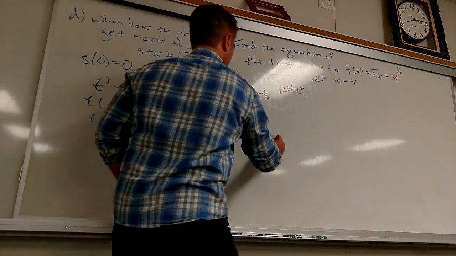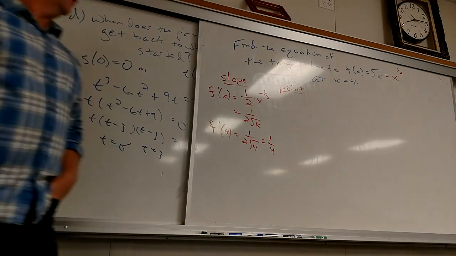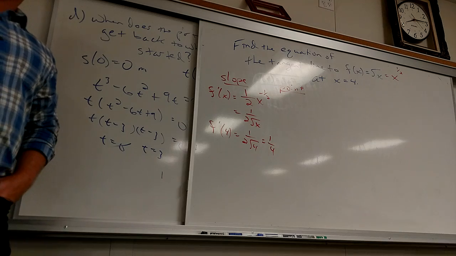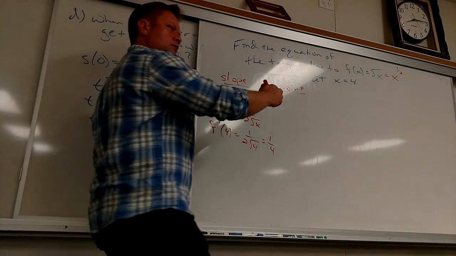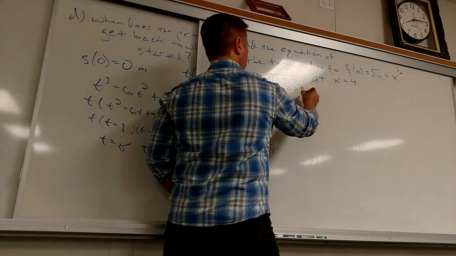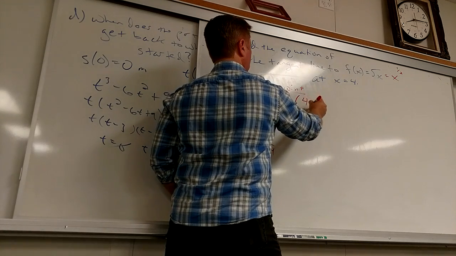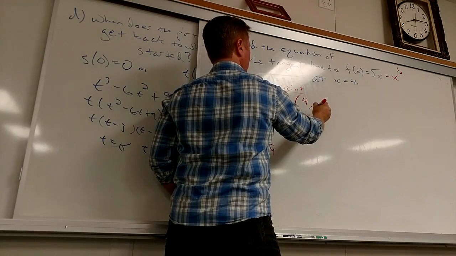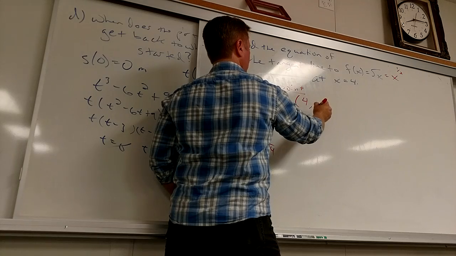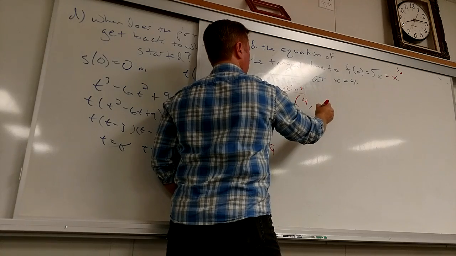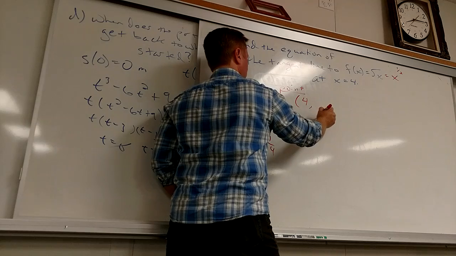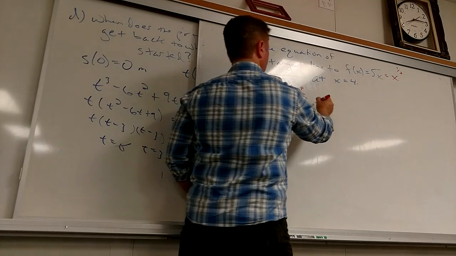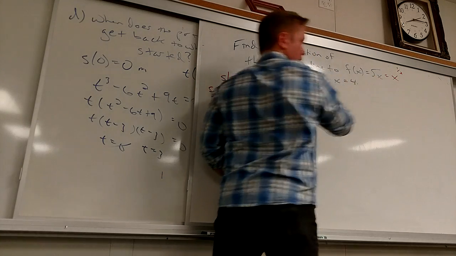One fourth. Okay. So what's the point that it goes through? Yeah, square root of 4 is 2.